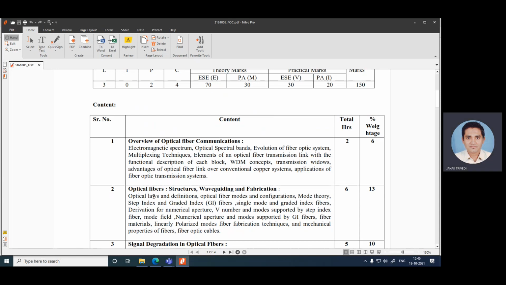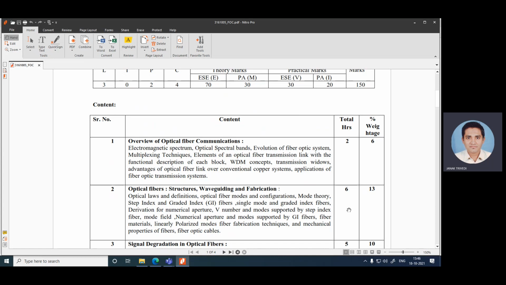In this chapter, optical laws and definitions, optical fiber modes and configuration, mode theory, step index and graded index fibers, single mode fibers, derivation for numerical aperture, V number and modes supported by step index fibers, mode field, numerical aperture and modes supported by graded index fibers, fiber materials, linearly polarized modes, fiber fabrication techniques, and mechanical properties of fiber and fiber optic cables are discussed.